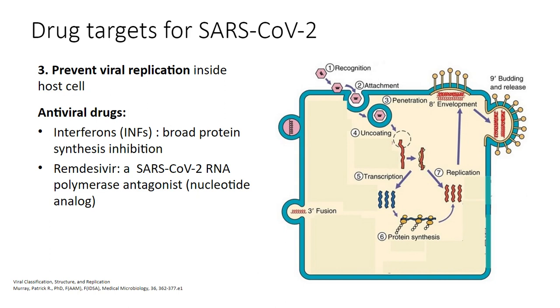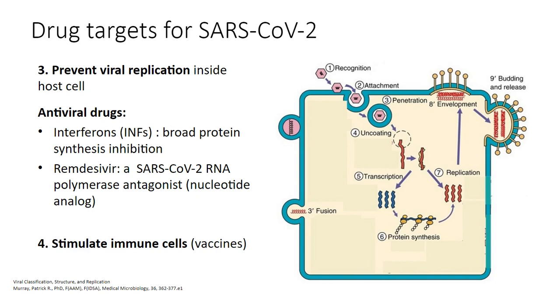And as I said, I don't teach immunology or virology, so I sort of go generally over this part, but basically anything you can do to interfere with transcription and translation is going to help prevent the viral reproduction. So the interferons then that are part of our innate immune system are going to be protein synthesis inhibitors, and then remdesivir, which is our approved antiviral, helps prevent the replication of the RNA.